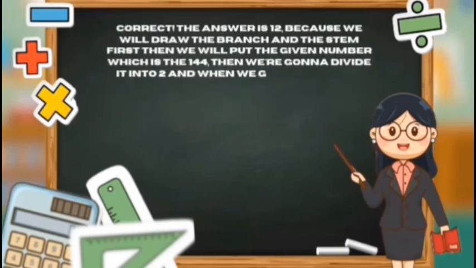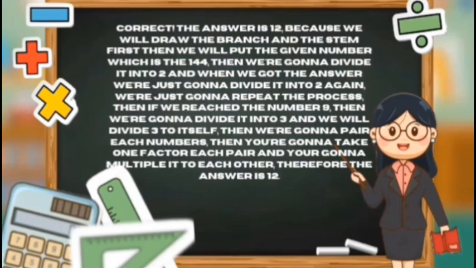Correct. The answer is 12 because we will draw the branch and the stem first, then we will put the given number, which is 144. Then we're going to divide it by 2, and when we get the answer, we're just going to divide it by 2 again.